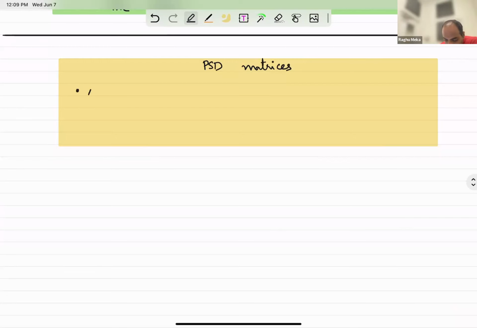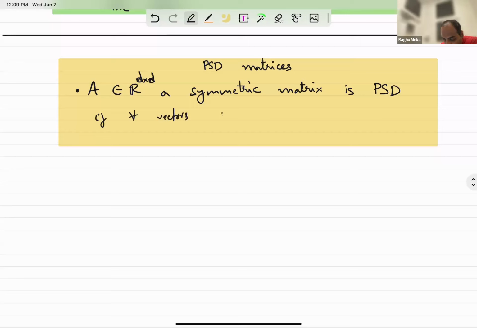And so we said A, which is a symmetric matrix, is positive semi-definite or PSD if for all vectors V, V transpose AV is greater than or equal to 0.